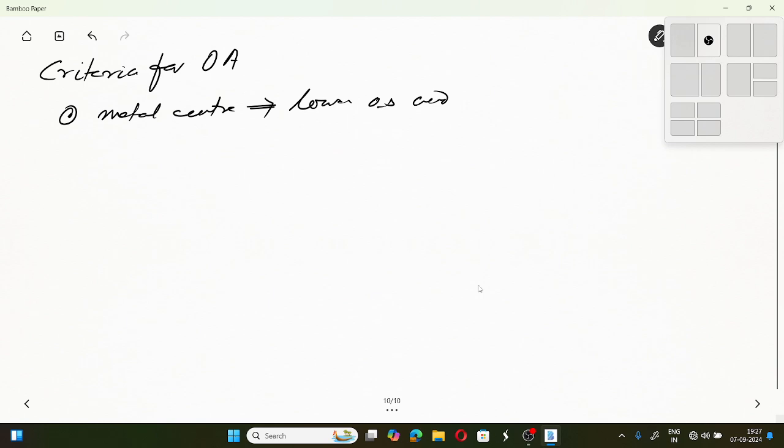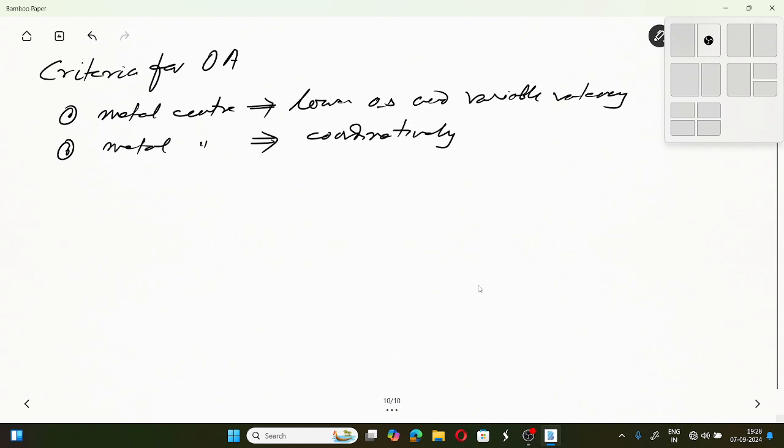Number two, metal center should be coordinatively unsaturated, তার মানে it should be able to increase its coordination number.